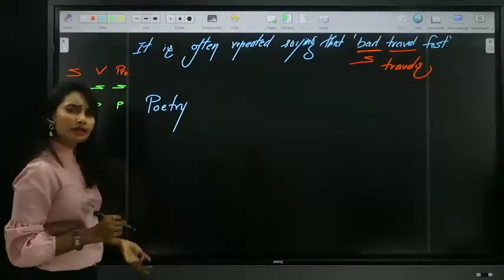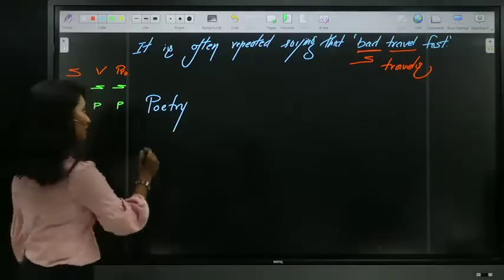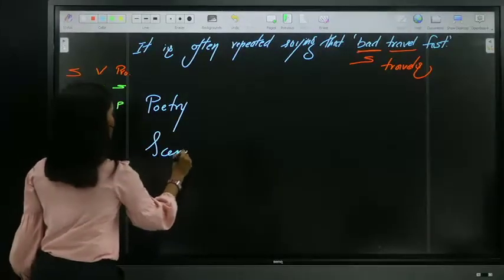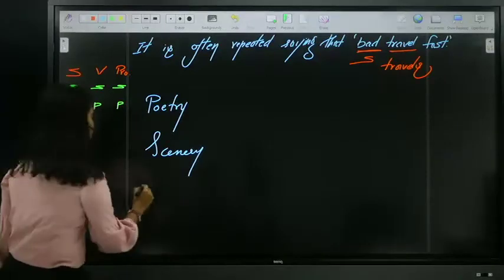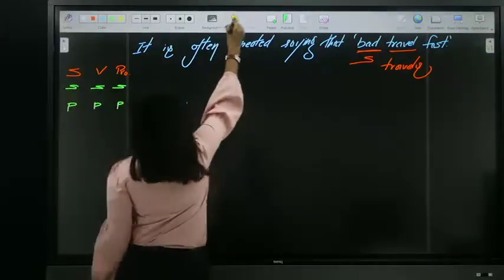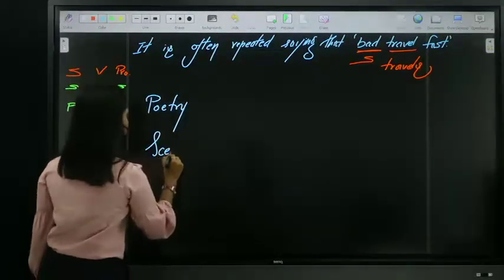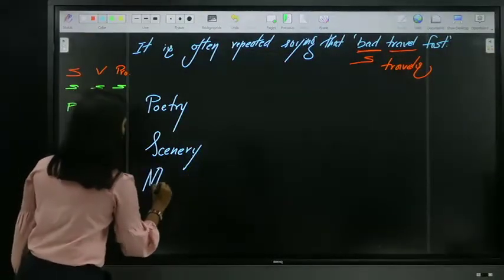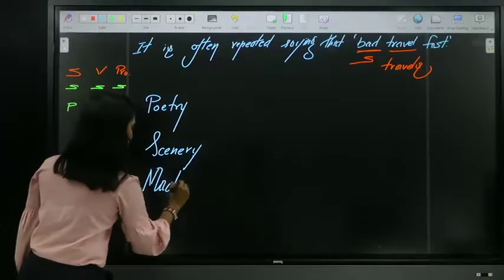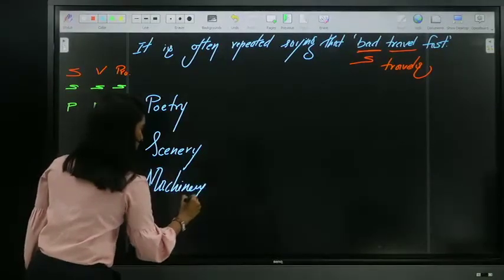Poetry. Is it singular or plural? Singular. Scenery. Is it singular or plural? Again, singular. Machinery.